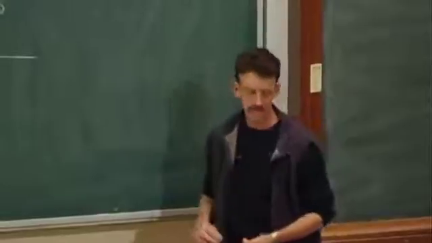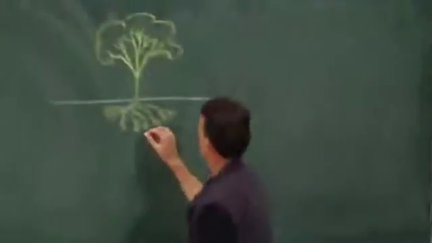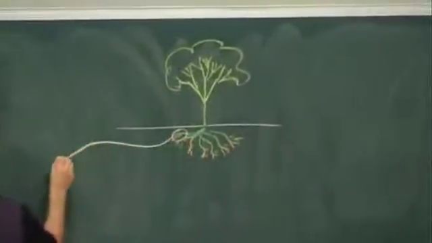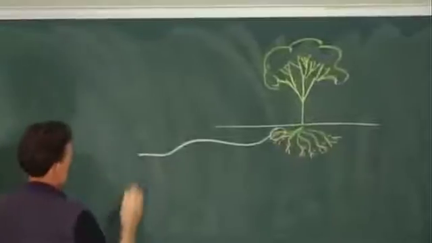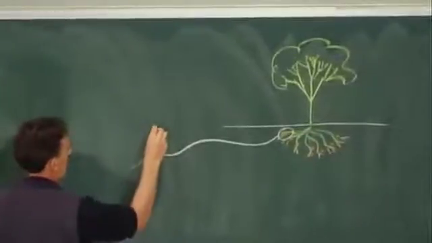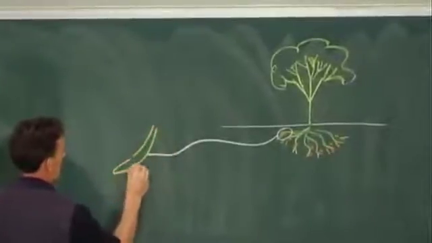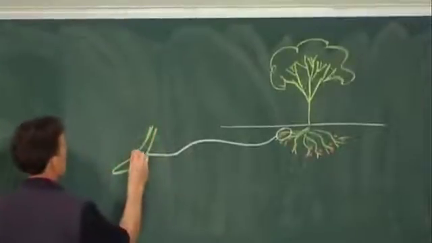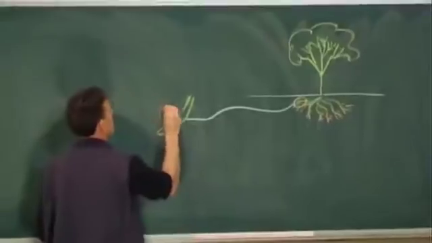So when you have a close look at one of these, this is the root pushing its way through the soil. It has a colony of bacteria attached to it.